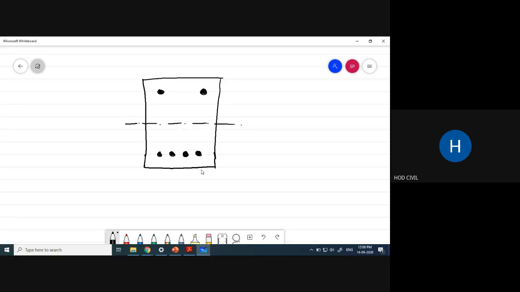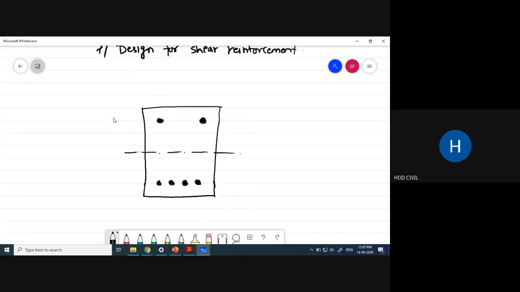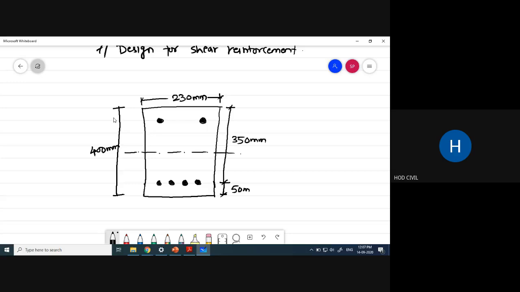Total width we have provided is 230, total depth is 400, and the effective depth is 350 with effective cover of 50, and this is 20 bar diameter.